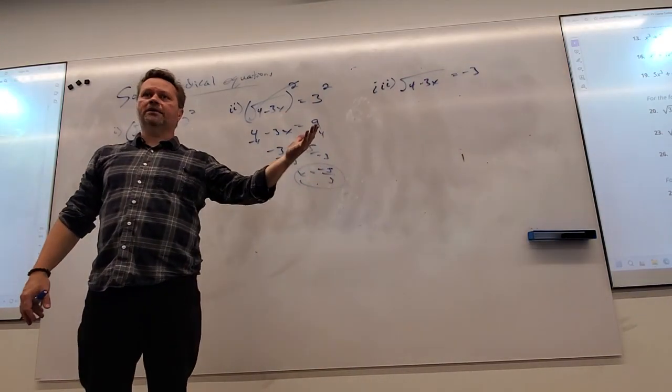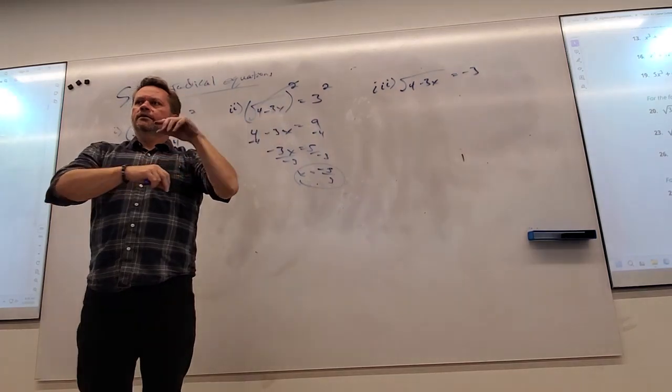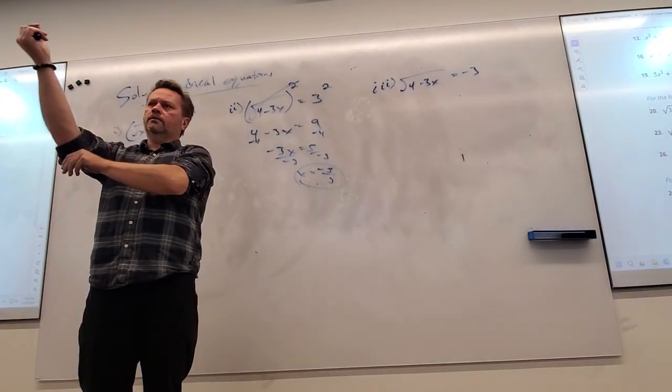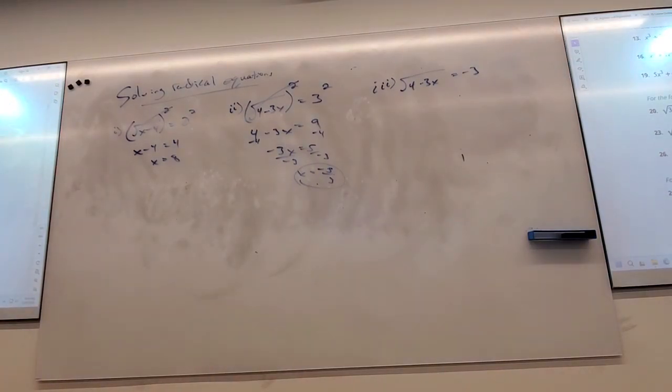Or complex, right? They cannot come out to be a negative real number. The square root of a negative number is some kind of imaginary number, correct?